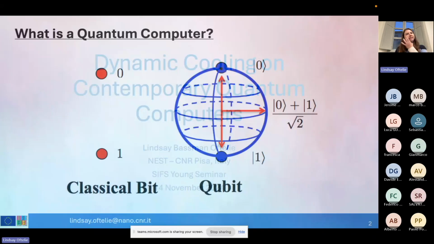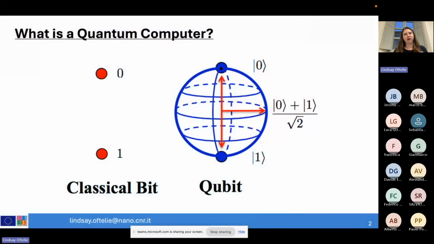Since I'm going to assume this isn't a fully quantum audience, I'll give a very brief introduction to quantum computers. Whereas classical computers are based on classical bits, which can exclusively be in either the 0 or the 1 state, quantum bits or qubits can be in a 0 state, a 1 state, or any combination between the two states, also with any phase.